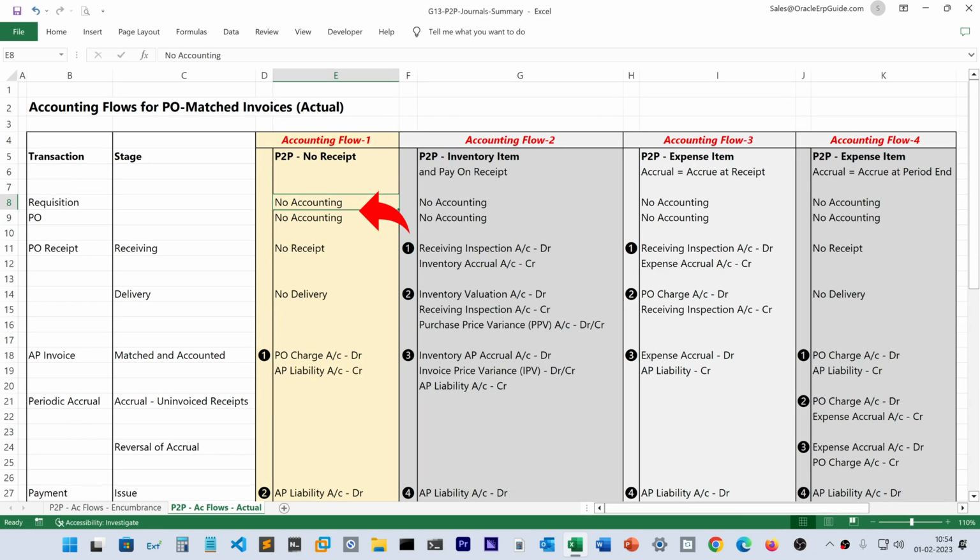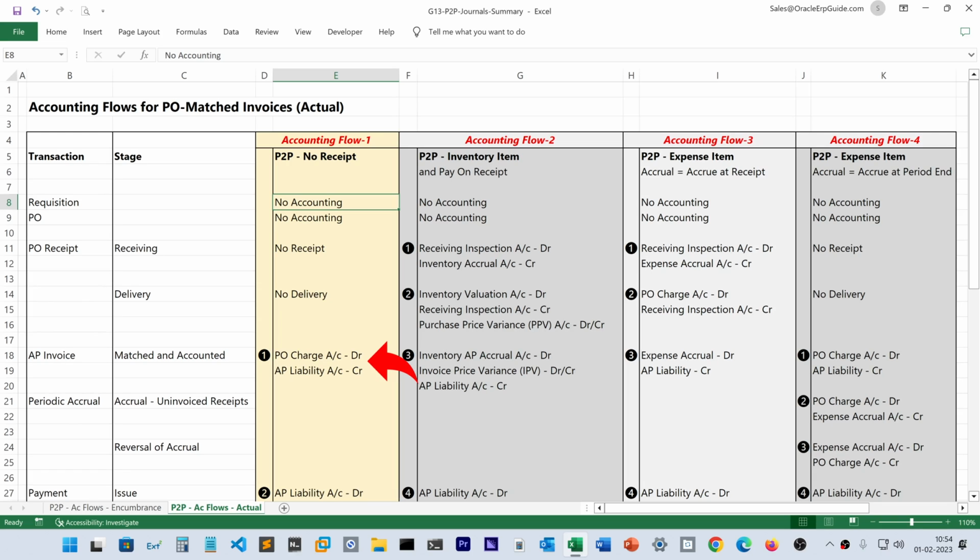For requisition and PO, there is no accounting journal created for balance type equal to A. At both of these stages, there is no receipt, there is no delivery. So at the time of AP, the first actual entry is created when the AP invoice is matched and accounted.